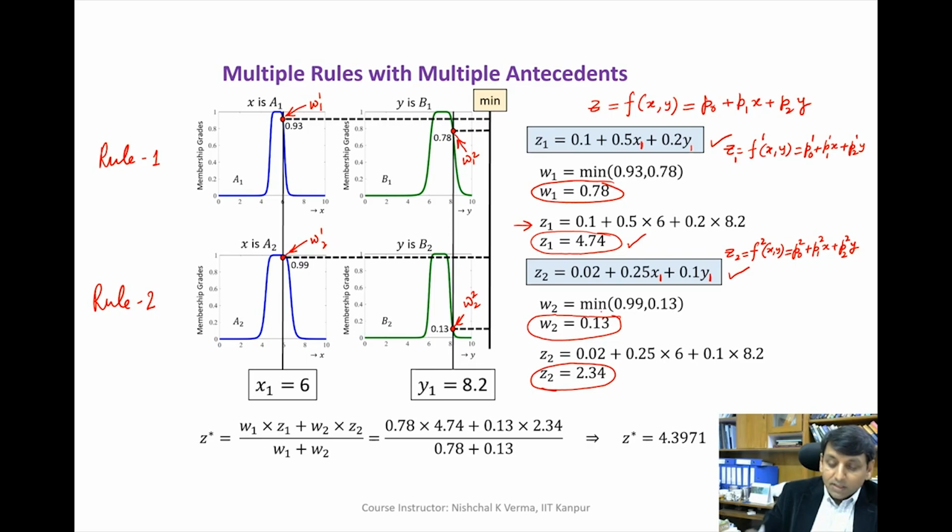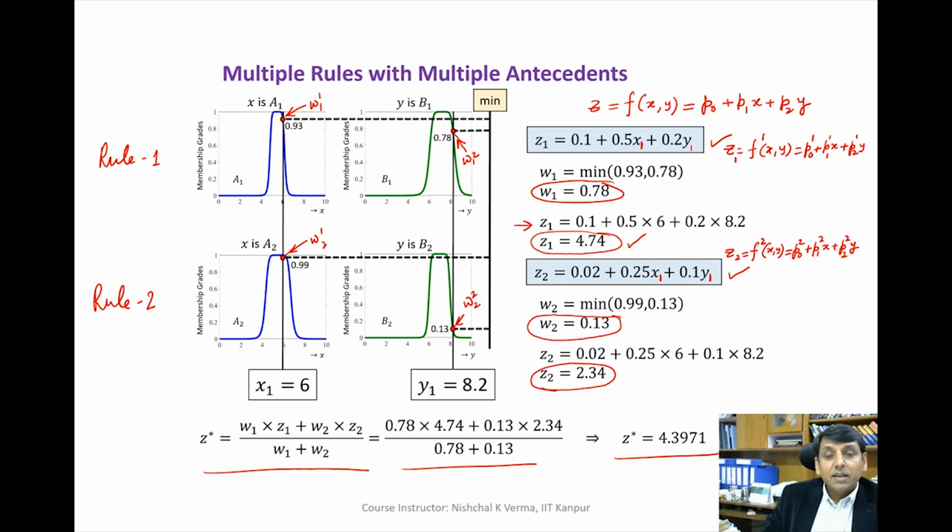Now, since we have two rules here, and corresponding to each rule we have its output, we take the weighted average of it to get the final output. So for the final output we take the weighted average, and this way we get Z equal to 4.3971.